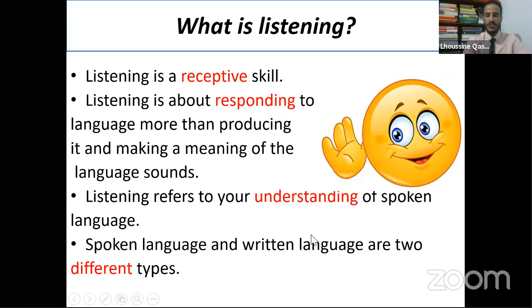Listening refers to your understanding of spoken language. Spoken language and written language are two different types. So these are some definitions of what we mean by listening: receptive, responding, understanding, etc. Is this clear so far? Then we can move on to the next slide.